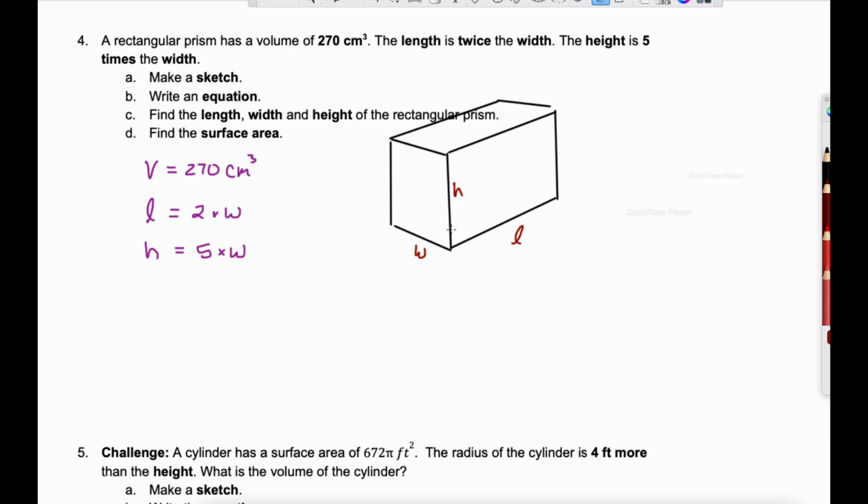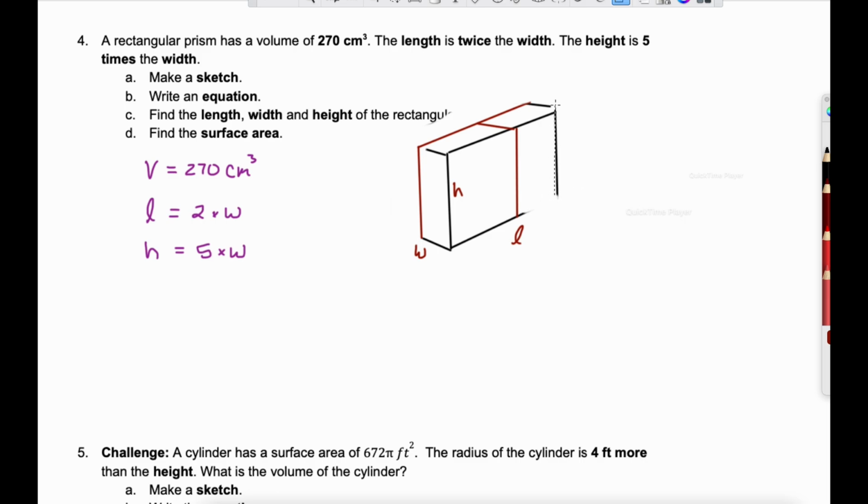So actually I needed to make this really much taller. So the height is, I'm just estimating here. It doesn't have to be to scale, but height is 5 times the width, and the length is 2 times the width. And so maybe the length would be more like this in realidad.